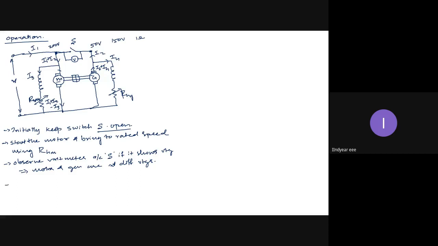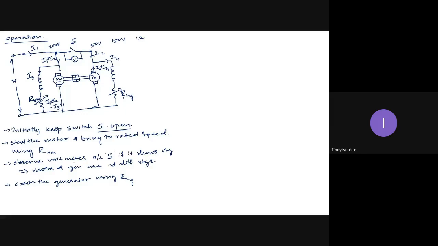Then excite the generator using RHG. It means decrease RHG and increase the excitation.